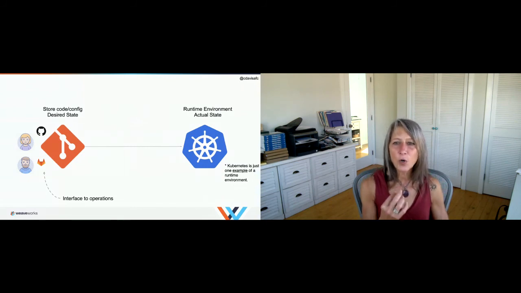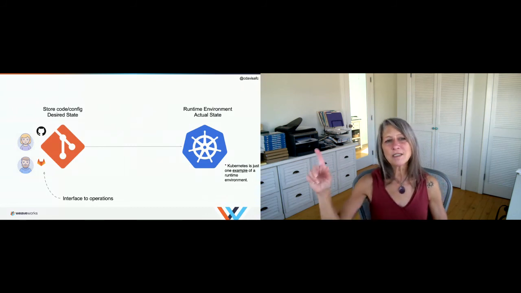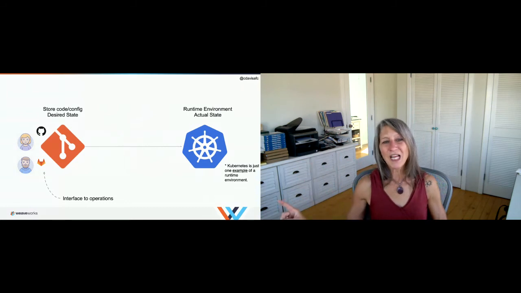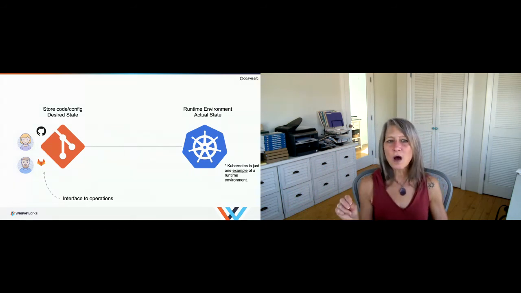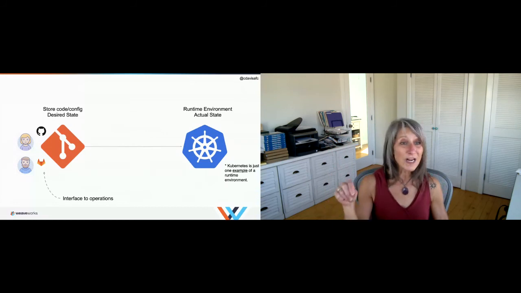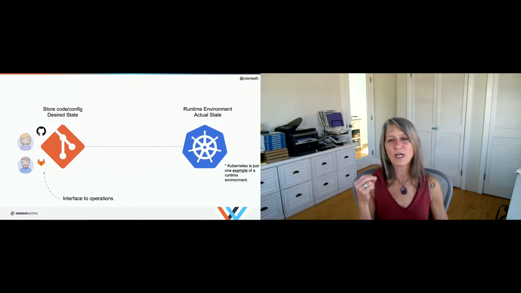And here's the important part. They're not storing things in Git and then going to some console to apply things. This is the interface for operations. They're not going to a console and clicking through some panes. They're not running things at the CLI. They are using Git as the interface for operating things out in production.